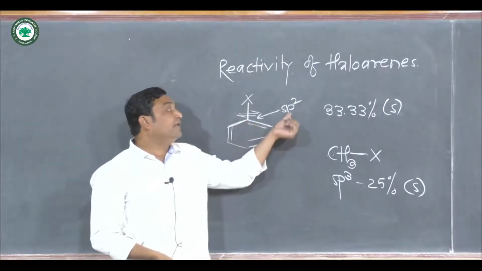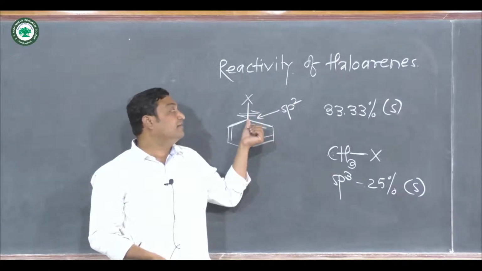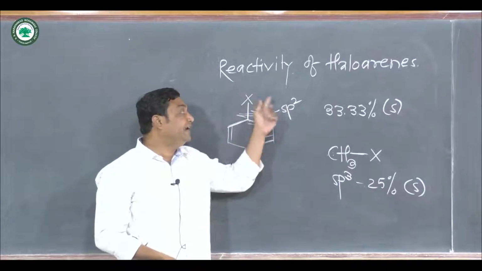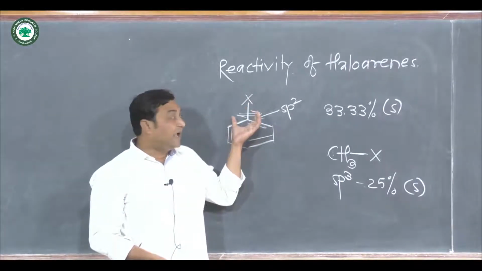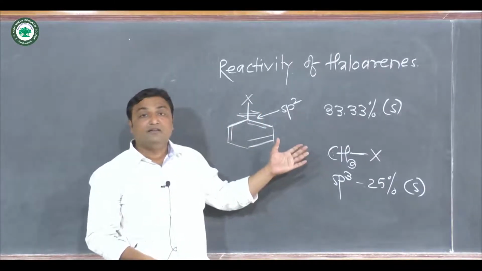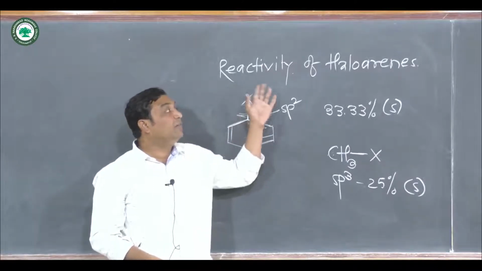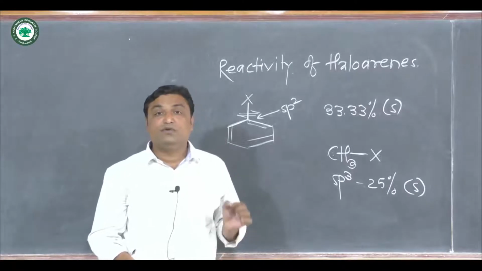Due to the higher electronegativity of this sp2 carbon atom, this halogen atom cannot be easily eliminated from this molecule. It means it cannot be easily substituted. This is the first reason for the reactivity of haloarenes towards nucleophilic substitution reaction.